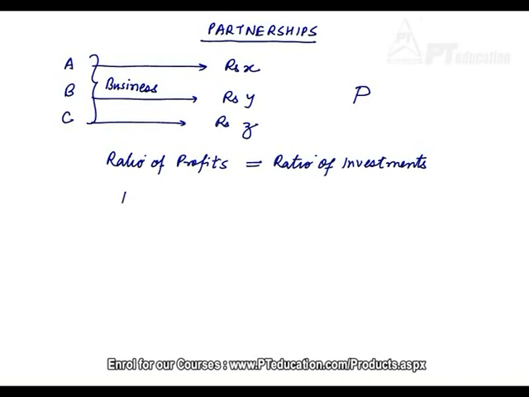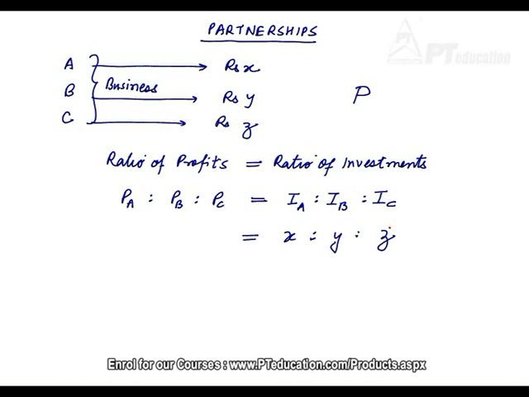Thus, at the end of the year, profit for A is to profit for B is to profit for C will be equal to the ratios of investment of A is to investment of B is to investments of C, which in this case is given to us as X is to Y is to Z.